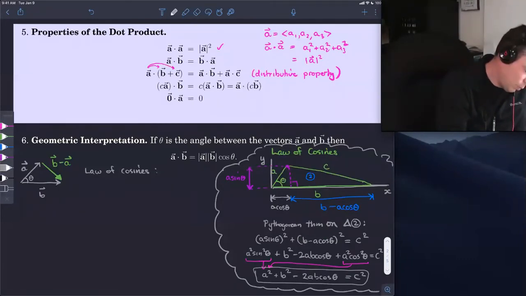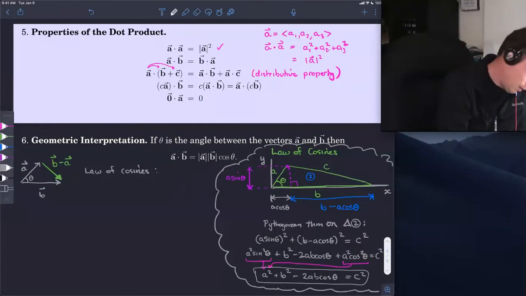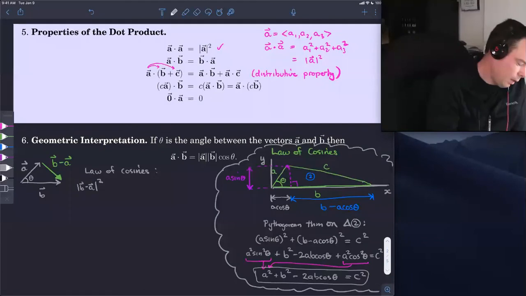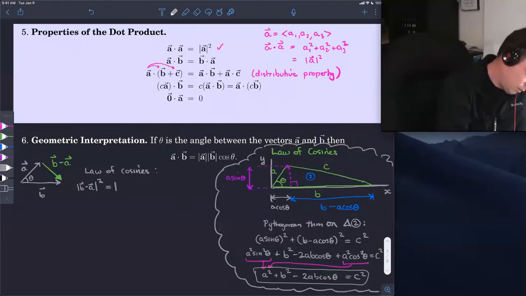And so what is the law of cosines? I'll write it in this way. It's the side opposite the angle, the length of that all squared. So that's the magnitude of B minus A all squared. And that's going to be equal to the length of A all squared plus the length of B all squared, minus 2 times the length of the two sides, A and B, times cosine of the angle between them.